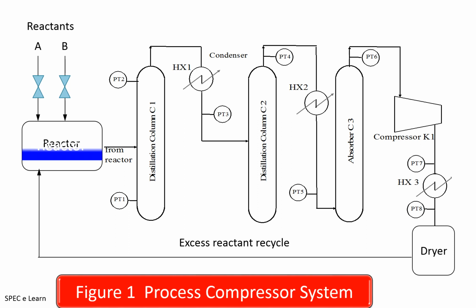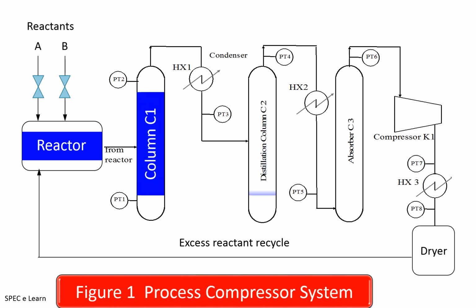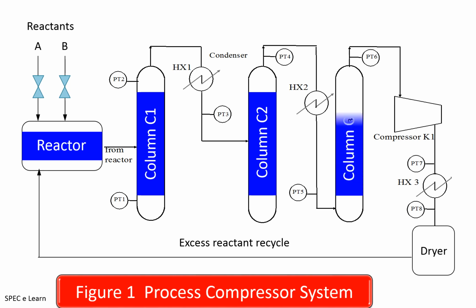Take a look at this figure. This is a typical process gas compressor loop. There are 8 process equipment in the gas loop: 1 dryer, 1 reactor, 3 distillation columns, 3 heat exchangers and associated piping and instrumentation.